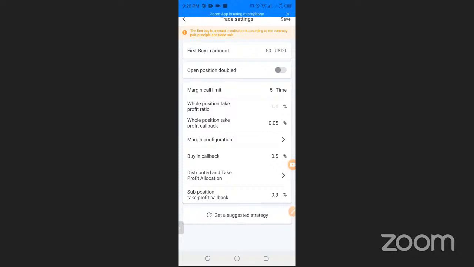Now, remember we have given the command to the robot that each time he's buying the coin, he should use $50 to buy. Now, that is what you see up there. This open position double, we don't normally touch this place except if you have enough capital, meaning that if the price goes down, it should double the position for you.